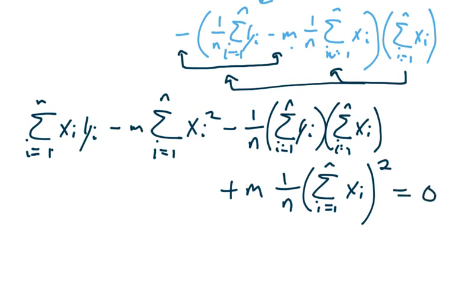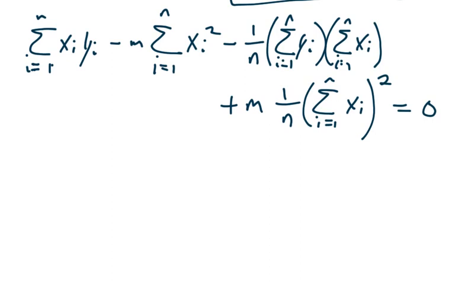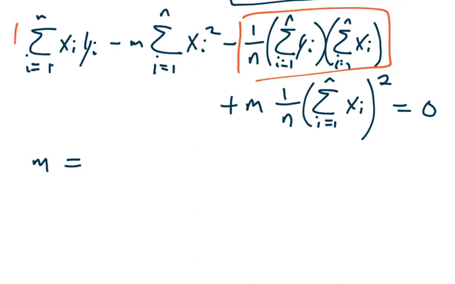So now if I solve for m, I'm going to have m is equal to, so I need to isolate the stuff that doesn't have m in it, that's this and this. Move those over, so that's going to be my numerator.